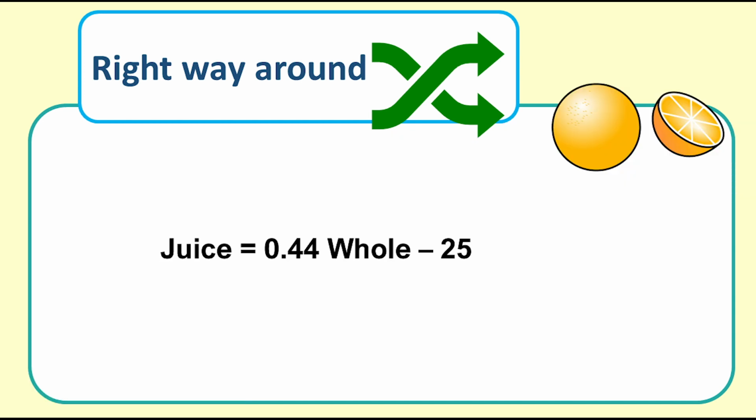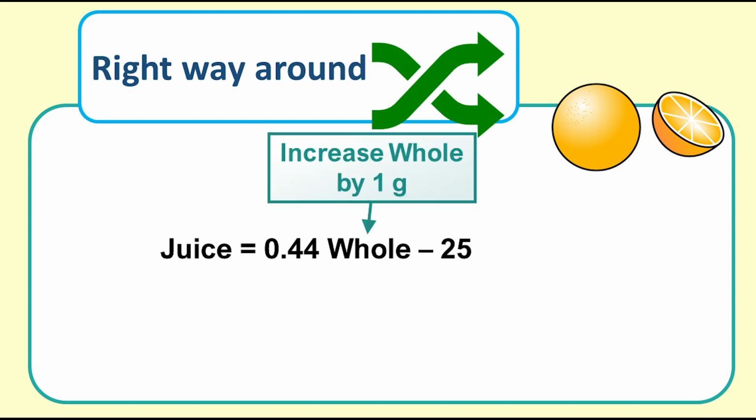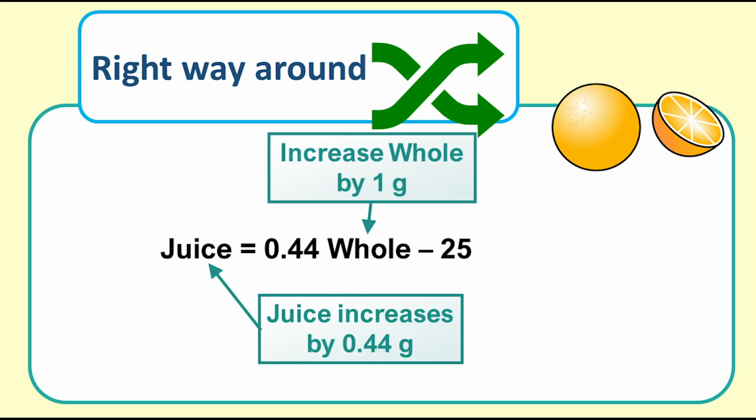Here is another example. Oranges are weighed in grams and then squeezed, and the weight of the juice in grams is also recorded. The regression model is juice equals 0.44 times whole minus 25. This means that for each extra gram of orange we would expect about 0.44 grams more juice.